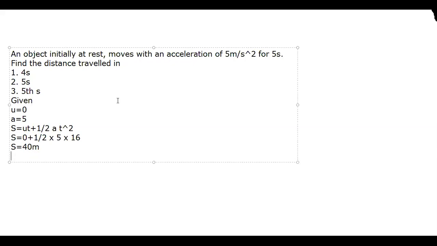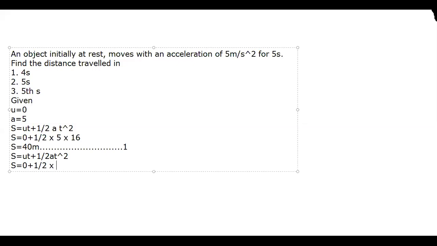Okay, then second part. How much is the distance traveled in 5 seconds? So again, we are going to use the same formula. Write down this, you can label this as equation 1, because we require this equation. s is equal to again ut plus half at square. But again, the initial velocity is 0, so we are left with 0 plus half.